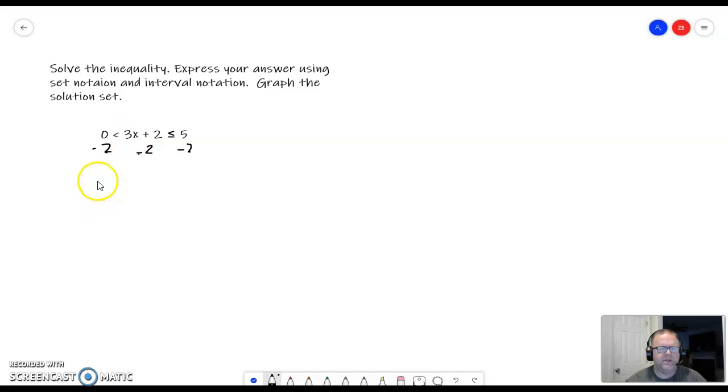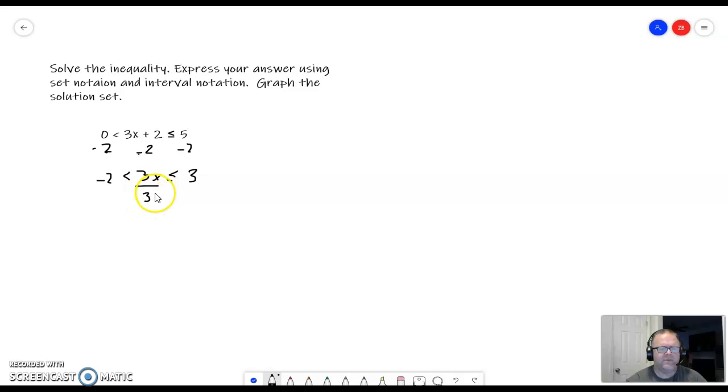So if we do that, we're going to have negative 2 is less than 3x, and that's going to be less than or equal to 5 minus 2, which is 3. Now we're going to divide each side by 3 in order to get this x by itself.